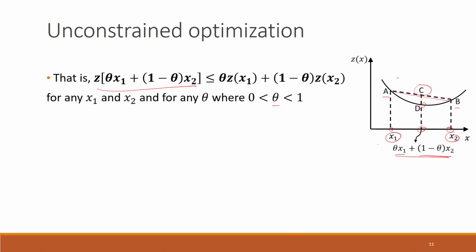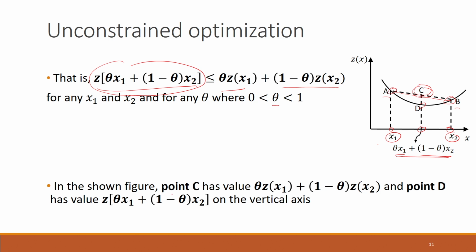Since the objective function value at point A is z(x1) and the one at point B is z(x2), the value at this point C is theta times z(x1) plus (1 minus theta) times z(x2). So now you can see that it is saying that the function value at this point D, which is z of theta x1 plus (1 minus theta) x2, the quantity on the left hand side, is always less than or equal to theta times z(x1) plus (1 minus theta) times z(x2), which is this point here.